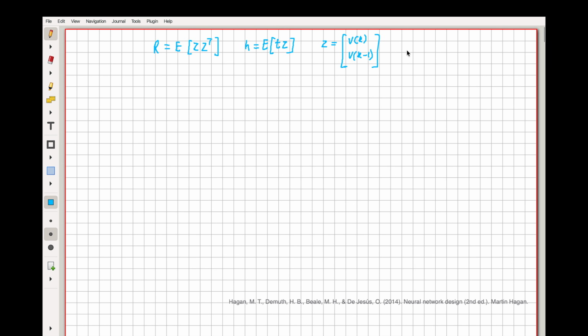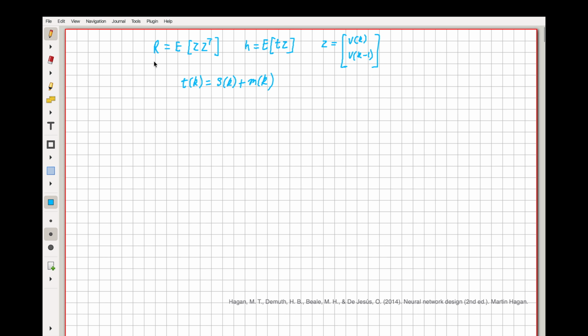And if you remember, we are looking at just two inputs, so just one delay tap. Now the target T, as we saw previously, T of K is a mix of the signal SK and the noise MK.